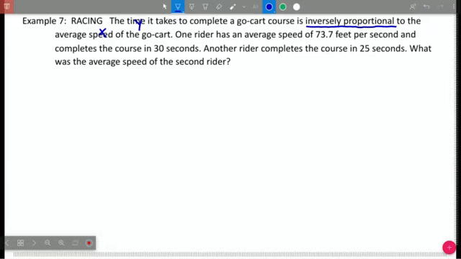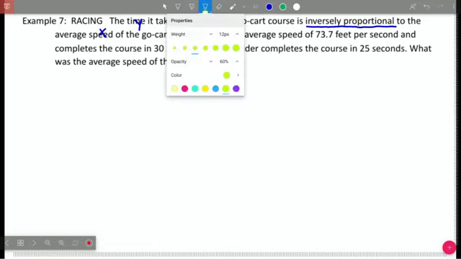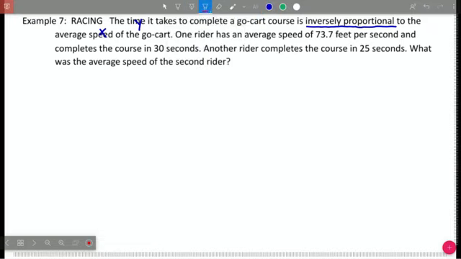So time is going to be our y, speed is going to be our x, and really with inverse, it's not as particular which is which, because when you're multiplying the x and y value, you're going to get the same result regardless.